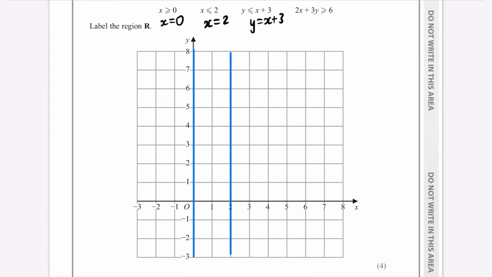That just means it has a gradient of 1 and a y-intercept of 3. So when I draw this line, I want it to go through 3 that we have here, and I want it to have a gradient of 1. So it's going to look something like that, okay? You could do this probably a little bit neater than me if you have your ruler. Let's do it in blue, like that. So that's this one.